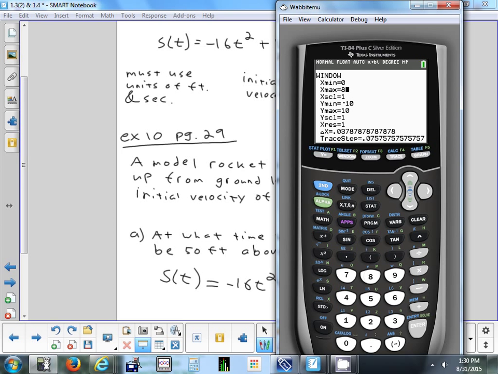I'm going to say it's in the air maybe less than 8 seconds. I know it's not going to go below ground. And let's say it goes maybe no higher than 100 feet. So remember, x is your time. Y is your height. Don't worry about anything else. Okay, hit graph.